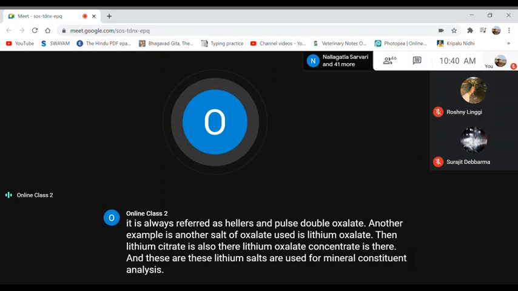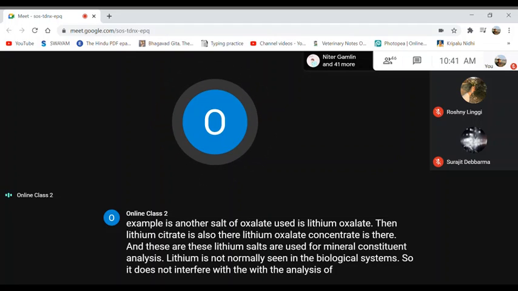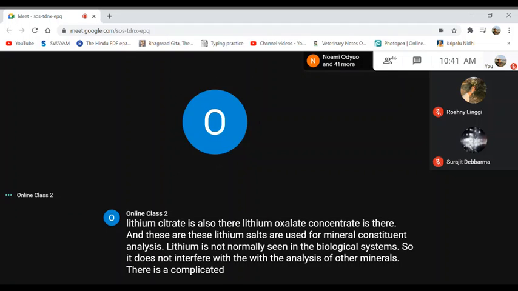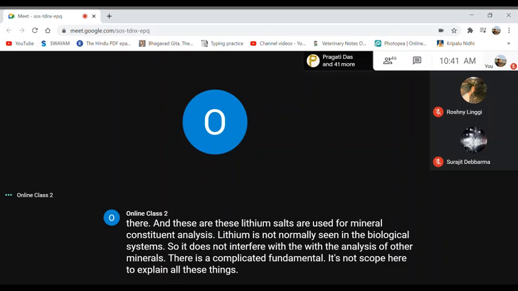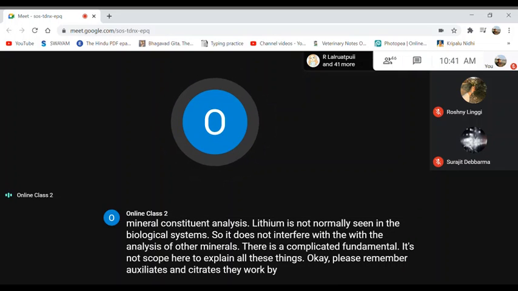Lithium is not normally seen in the biological system, so it does not interfere with the analysis of other minerals. It's a complicated fundamental, and it's not in scope here to explain all these things. Please remember, oxalates and citrates work by precipitation of calcium ion.